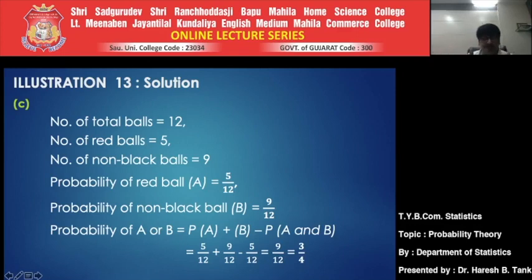Simple. So 5 upon 12 plus 9 upon 12 minus, it is A and B, that means red ball and non-black ball. What is common between those two? Red balls. So naturally the probability of A and B would be 5 upon 12. Simplifying it, it comes to 9 by 12, which is 3 upon 4. Is it perfect now?